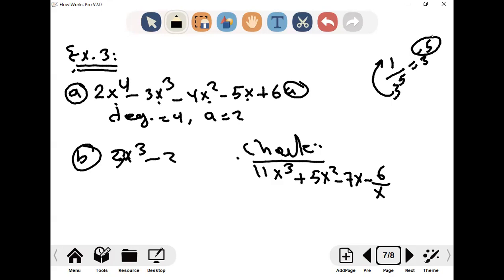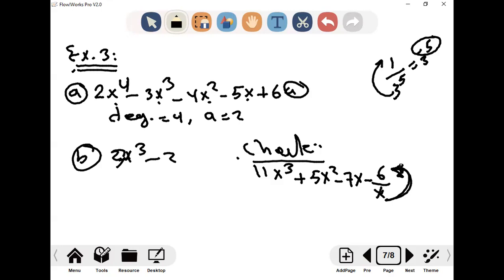Look here, the x down here has power 1. If you put it up, it will be 6x power negative 1. If we turn the degree from up to down or from down to up, we change its sign. So this is not a polynomial, because if I put x up, it will be a negative exponent.